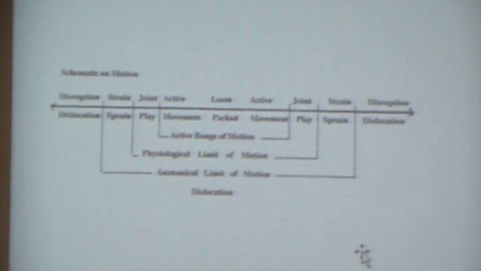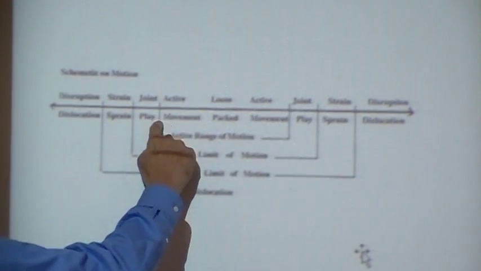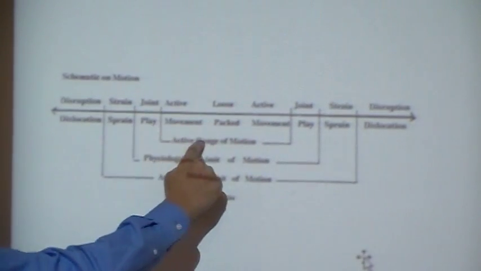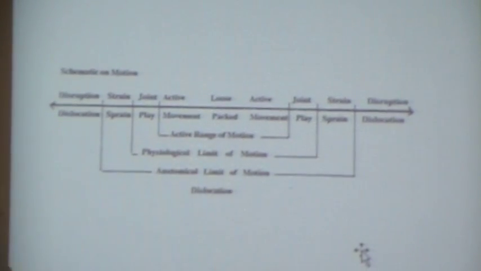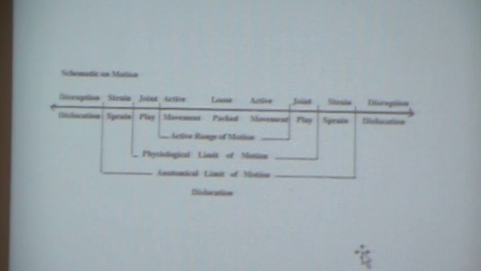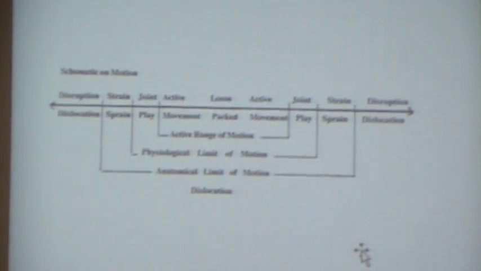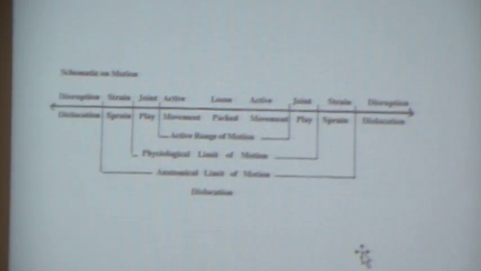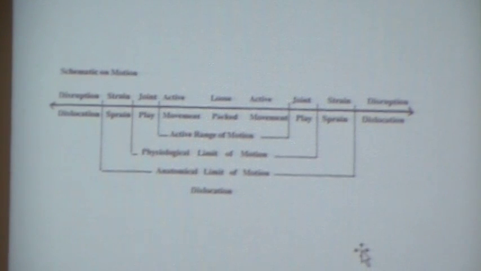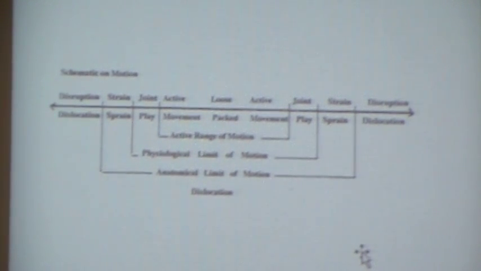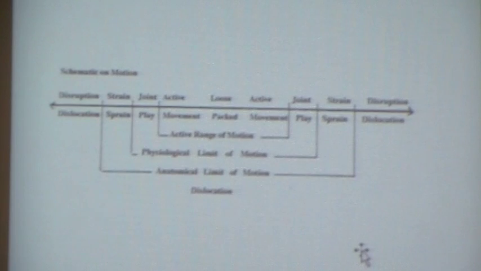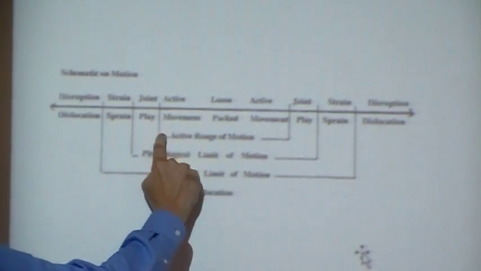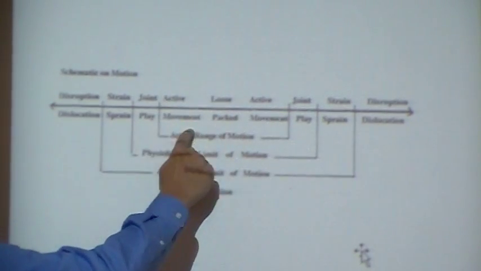Okay? We have active motion within this realm right here. And it says loose packed in the middle. You remember our loose packed and our closed packed positions and all that good stuff, right? Loose packed would mean it would be the most allowing of motion, as opposed to closed packed when it's the most congruent and the most stable. So in our loose packed position, we've got our active range here.